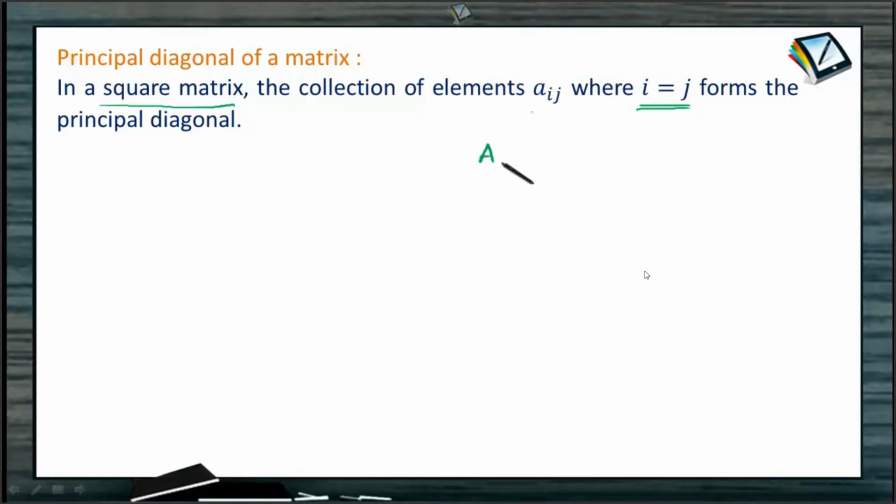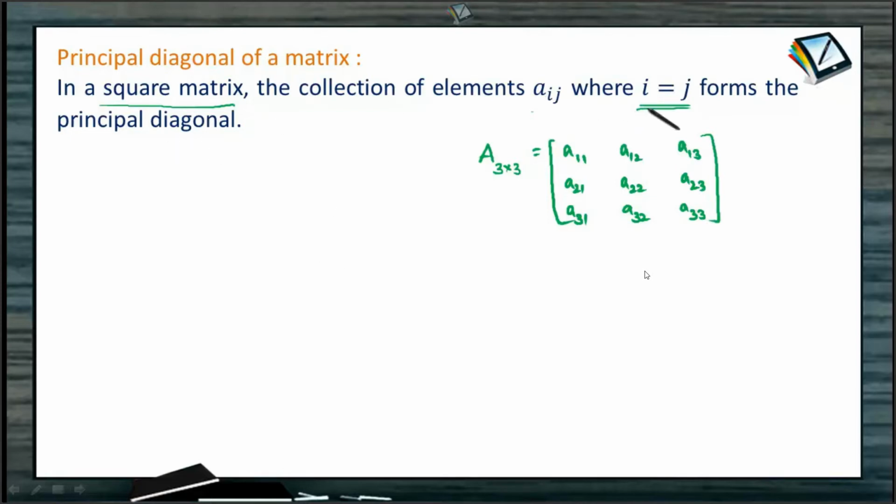So when we consider a square matrix A of order 3 by 3, how will be the listing of the elements? Yes, it would have A11, A12, A13 in the first row, A21, A22, A23, then in the third row, first column, third row, second column, and third row, third column. Now in this, what are the elements which constitute the principal diagonal?